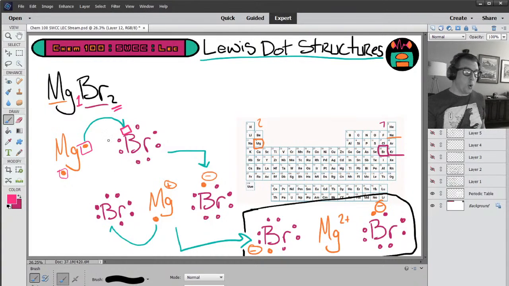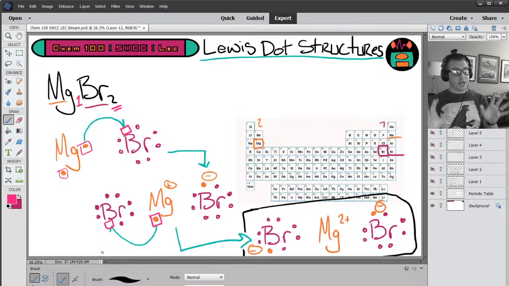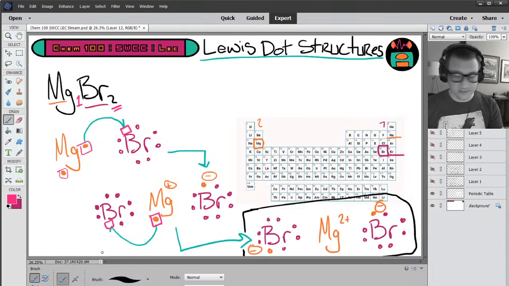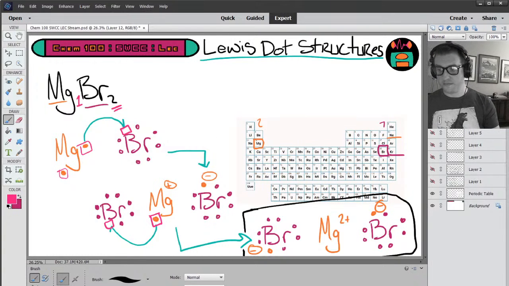So bromine will only ever take 1 electron from magnesium, which means magnesium needs to find a second bromine to give its electron away. That's why ionic compounds always form in the same ratio. You now know the reason. I think it's pretty darn cool.